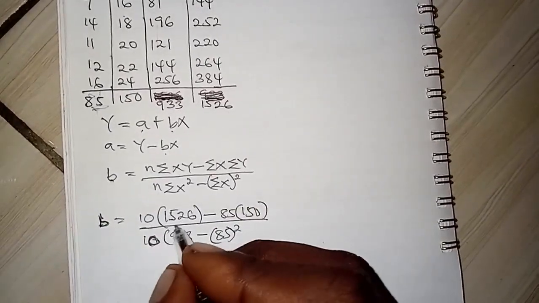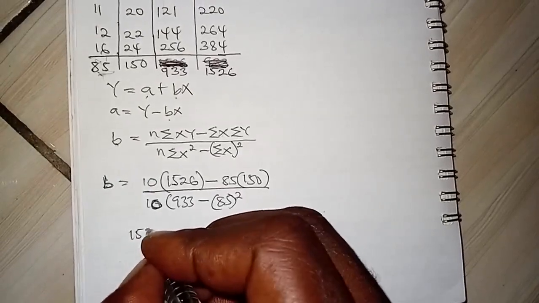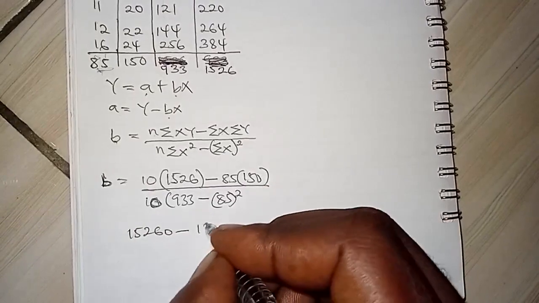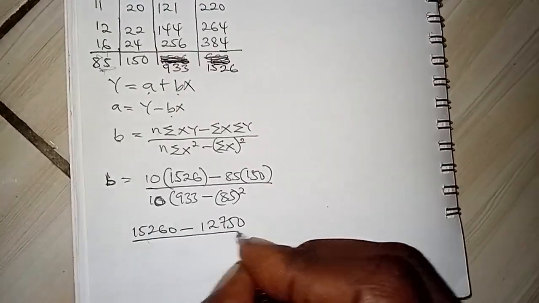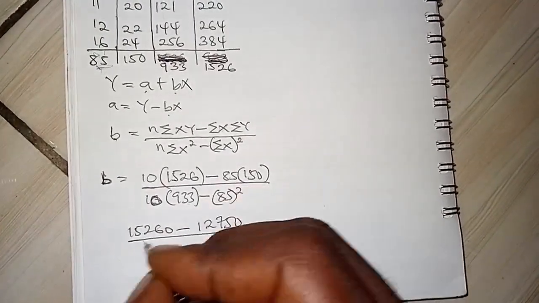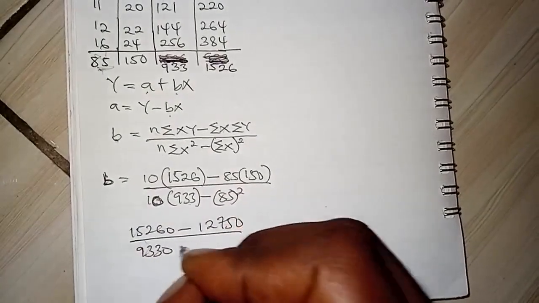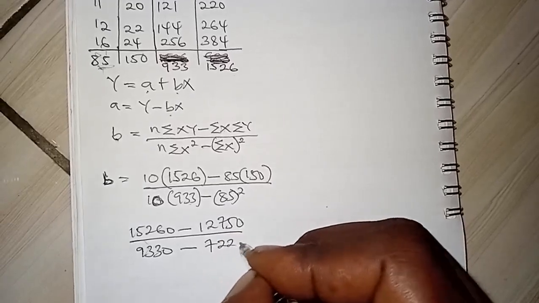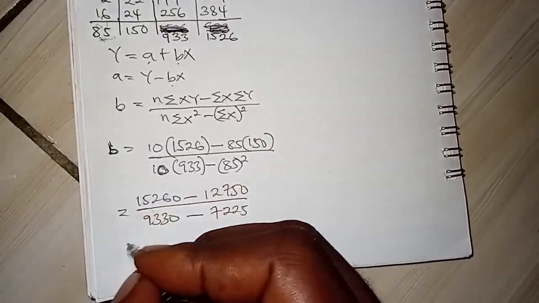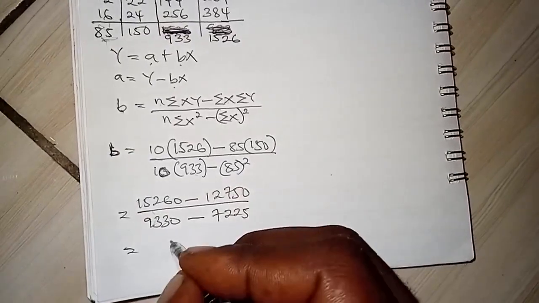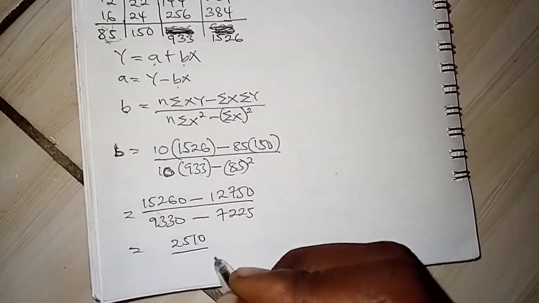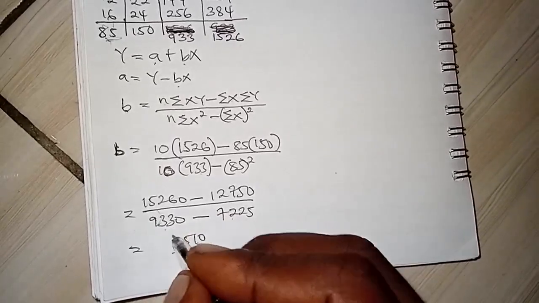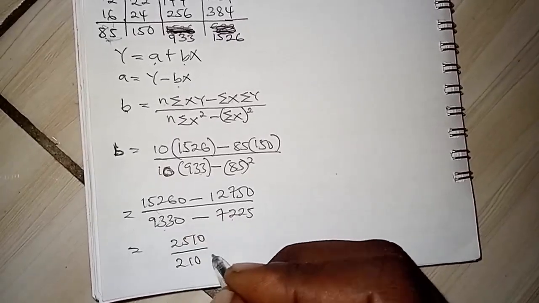If we multiply this and this, we're going to have 15260 minus 12750, over 9330 minus this squared, which is 7225. Next, if we subtract, we get 2510 over 2105.